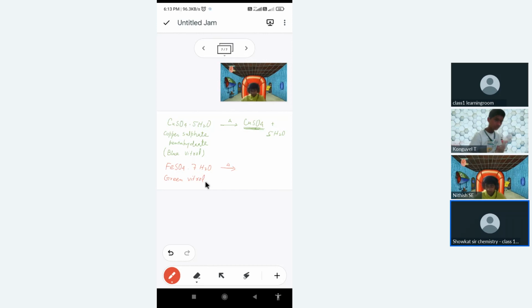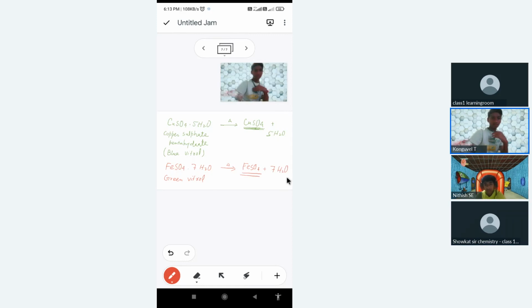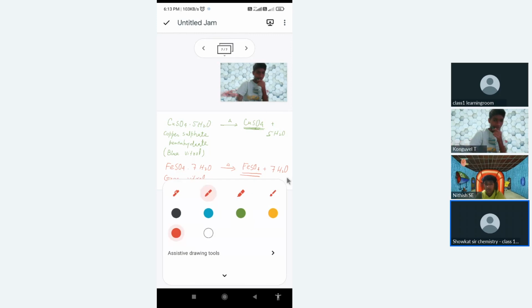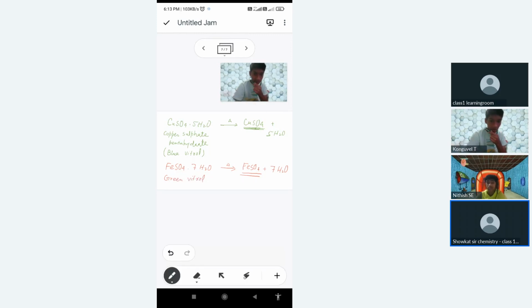It is having green color. So when it is heated, it will also become anhydrous. That means water molecules will get removed, so it will become only FeSO4. It's known as hepta. Hepta means 7, not hexa.